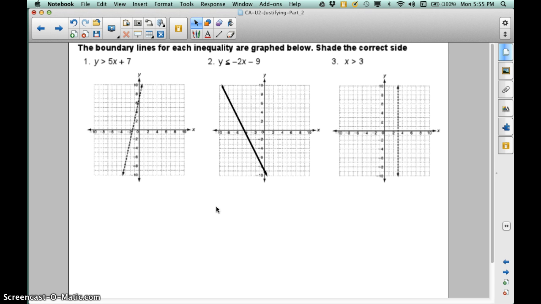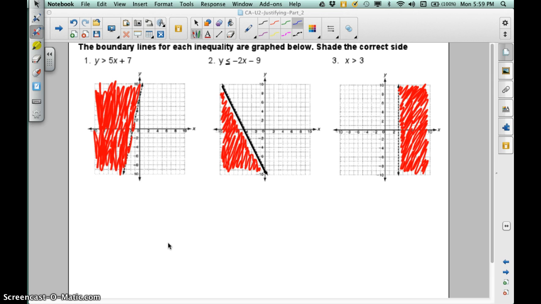Remember, you're shading above for greater than or equal to, below for less than or equal to. And if you're not sure if you're picking the right side of the line, pick an easy point and test it for x and y in the inequality. Make sure you get a true statement. Pause the video now and try these.